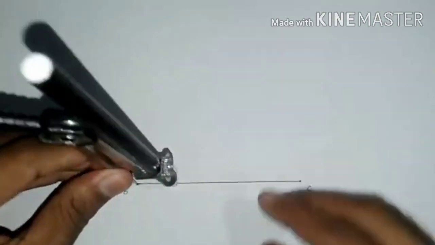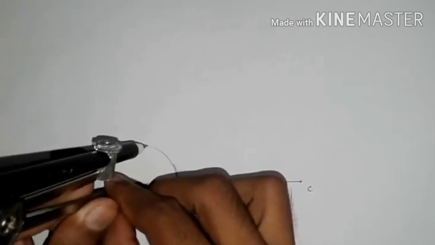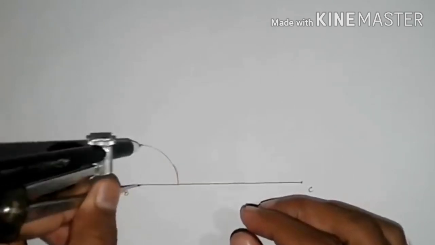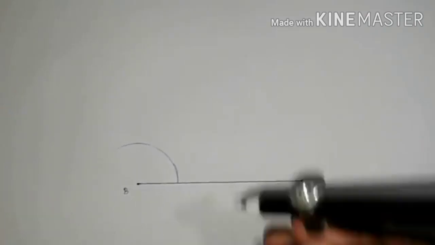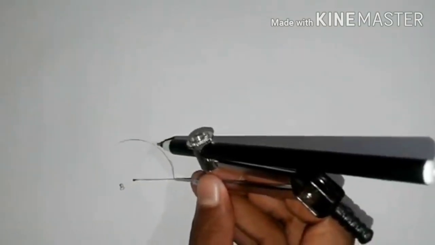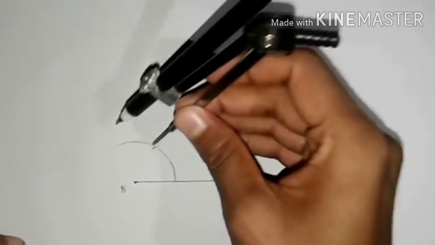For that you have to take any radius in your compass and draw a semicircle with B as center. Using the same radius you have to divide the semicircle which you have drawn previously into two parts.